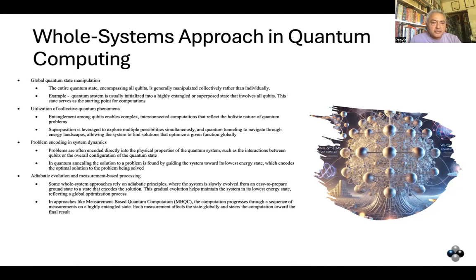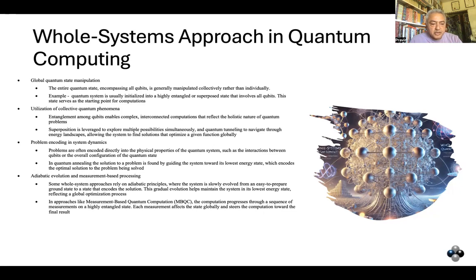We also have, as examples of whole systems approaches, adiabatic evolution and measurement-based processing. So adiabatic evolution is where, for the quantum system as a whole, there's an attempt to maintain it at a ground state so that when the computation is complete, the end state reflects a global optimization state.